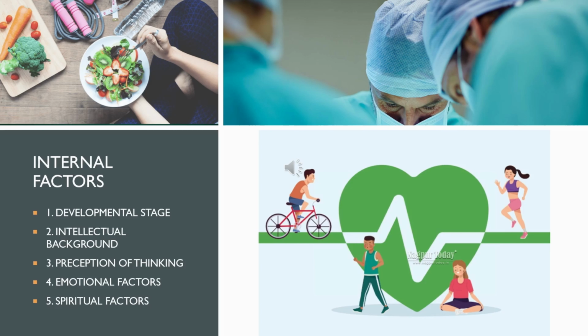The third internal variable is the perception of functioning. So here if you see, people differ in their perception about their physical functioning. While doing assessment, the nurse can gather the subjective data about how the client will think about his physical function, and especially about the level of fatigue or whatever signs or symptoms they express.